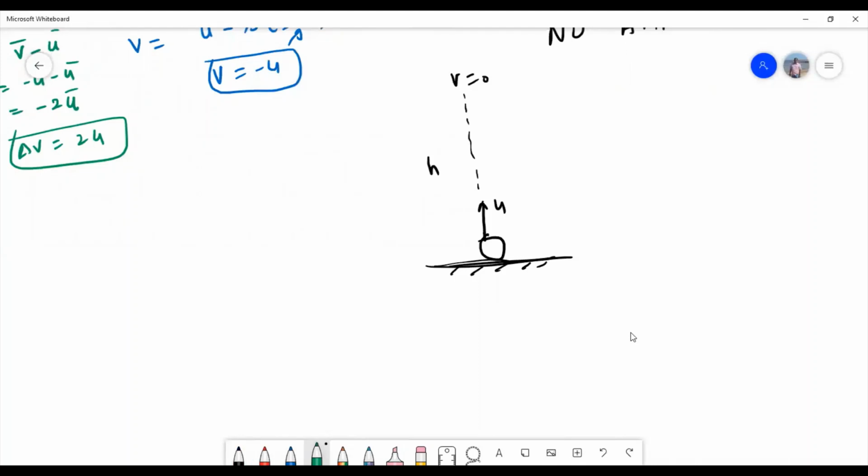We use the equation s is equal to ut plus half g t square. Here we make an important point. The question is asking only for the distance covered in the last t seconds. I want to find this distance for the last t seconds.